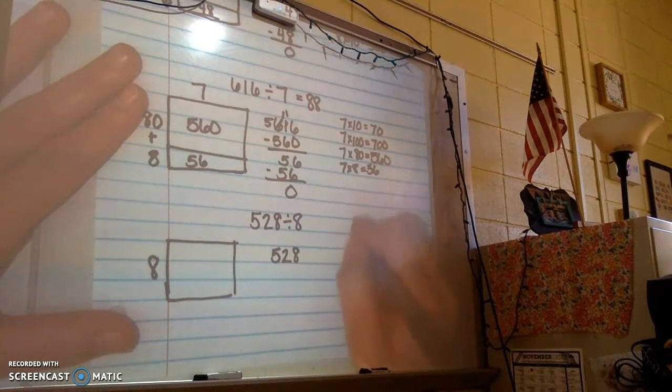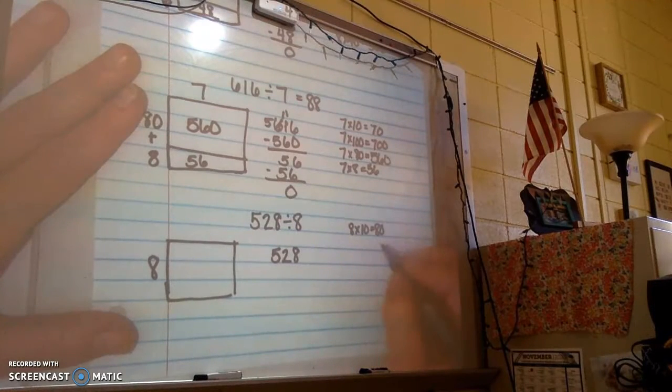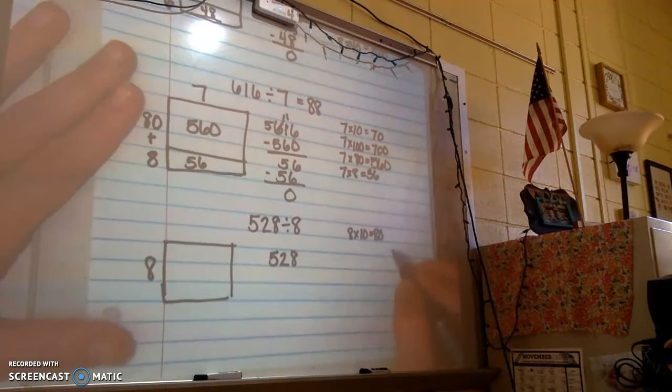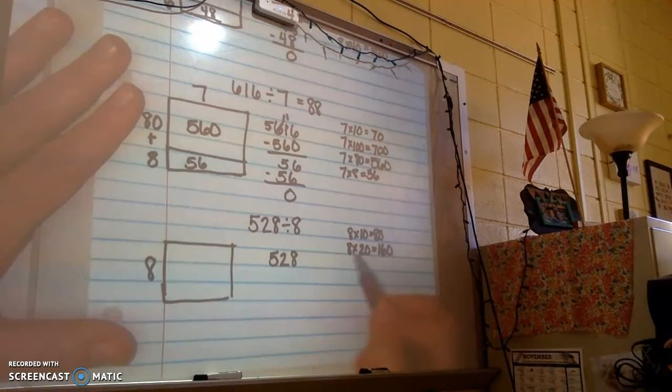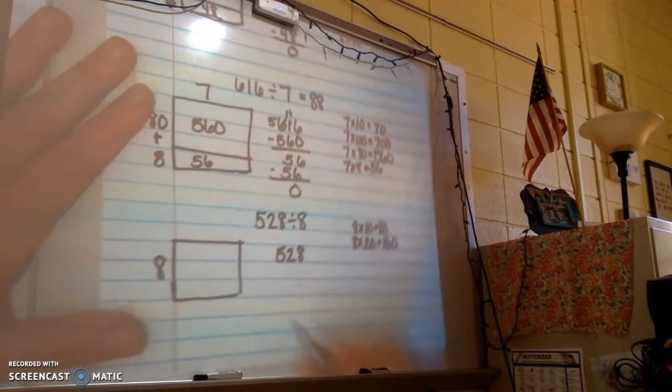Let's see, what do I know? I know 8 times 10 is 80. I know 8 times 100 is already going to be too big. So I'm going to try, let's see, 8 times 20 is 160, because 8 times 2 is 16. Then put my 0. Let's do that one.